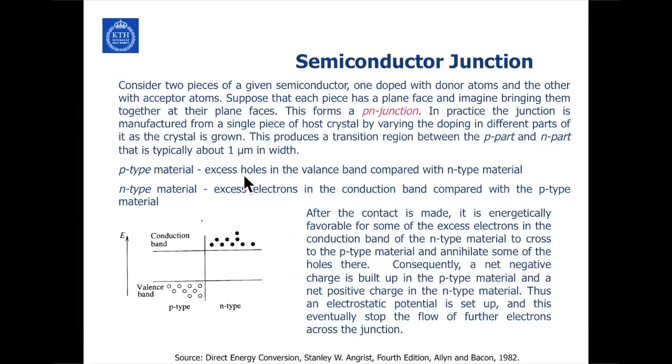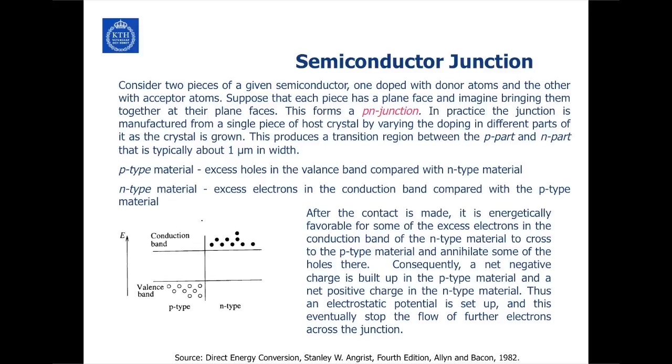Then as we talked about, P material has excess holes in the valence band, and N material has excess electrons in the conduction band. And when the contact is made, the excess electrons in the conduction band of the N material cross into the p-type material and annihilate some of the holes which are sitting in the valence band.